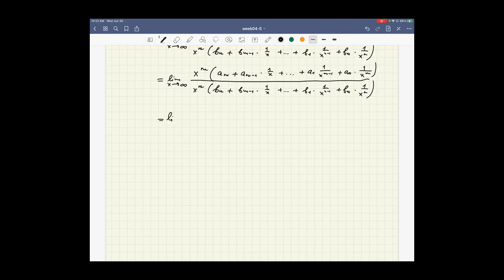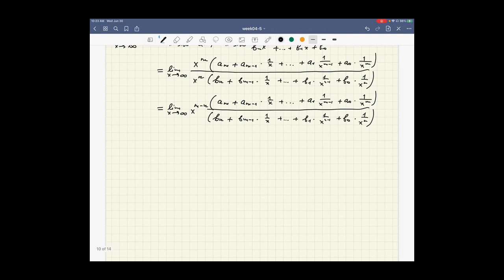So this will be x to the power m minus n times the rest. Now let us for now concentrate on expressions in the parentheses.